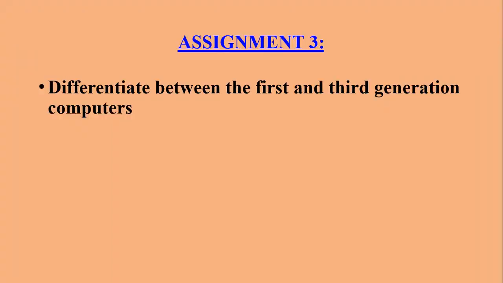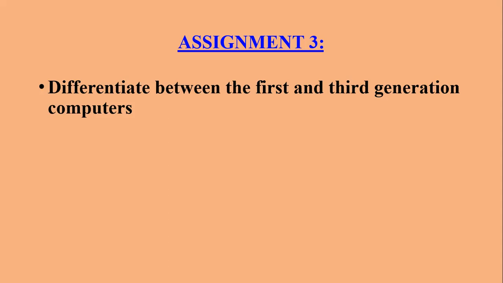This leads us to the next assignment, which is assignment 3. The assignment is: differentiate between the first and third generation of computers. What do you think was the difference between the first and third generation computers?